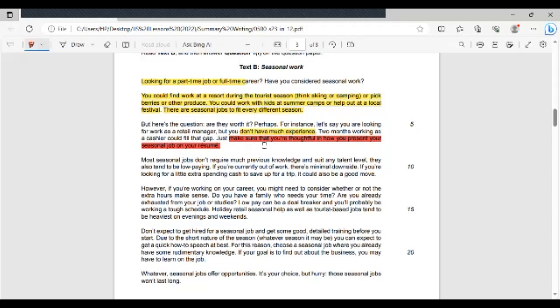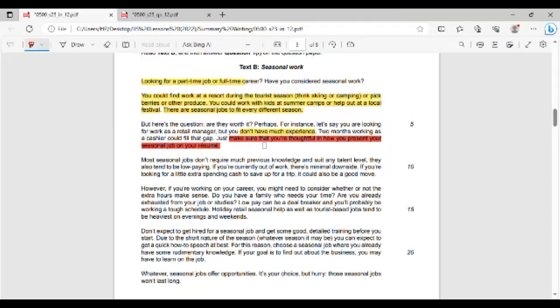The disadvantage of seasonal jobs based on this has an implicit meaning, which is that seasonal jobs might not be recognized. So even when you do seasonal jobs and you gain the experience, depending on how you present it on your CV, if you don't present it tactfully on your resume, if it appears as a seasonal job, your prospective employer might not take you seriously.